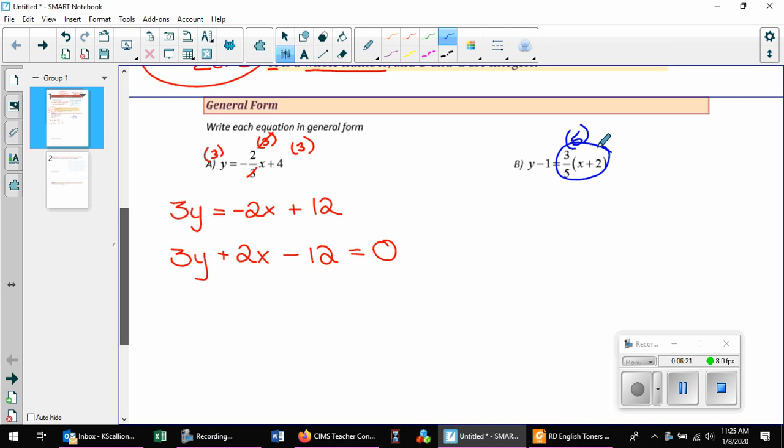Got that? So, okay, I'm going to do it this way, and then I'm going to show you different ways so this doesn't stick in your head. I'm going to multiply this by 5, and I'm going to multiply this by 5. So I'm going to have 5y minus 5 equals 3 times x plus 2.